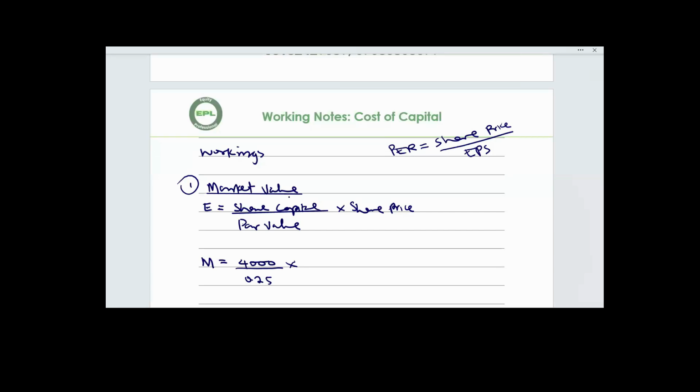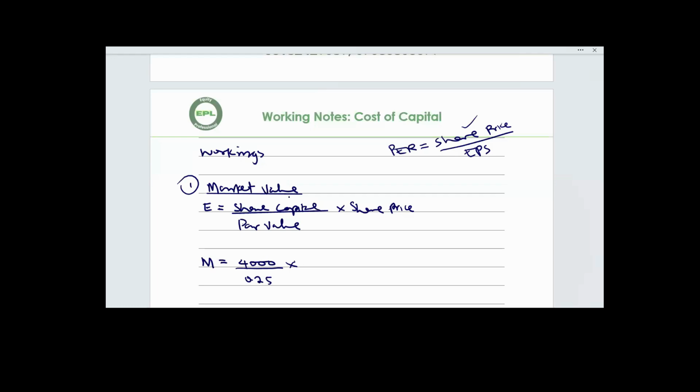This share price, the numerator, is the market value per share. It can be called market value per share, share price or market price per share.